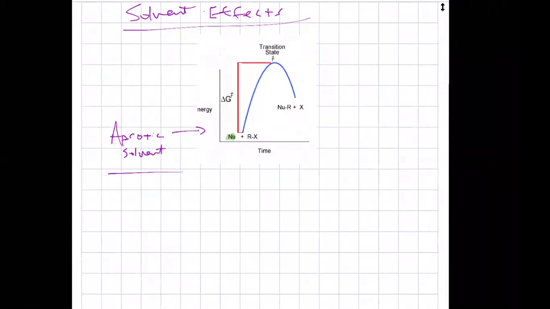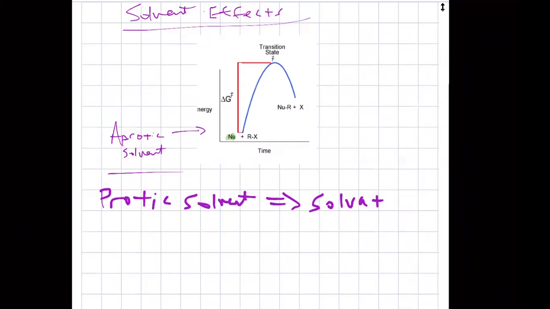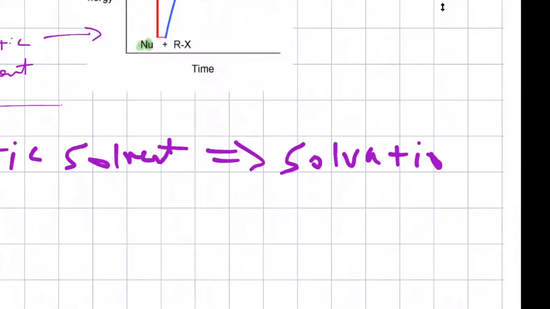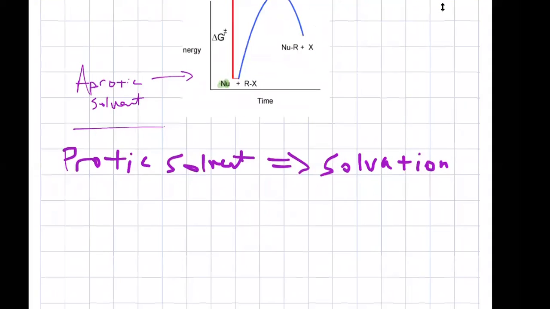But in a protic solvent, what happens is a phenomenon that we call solvation.